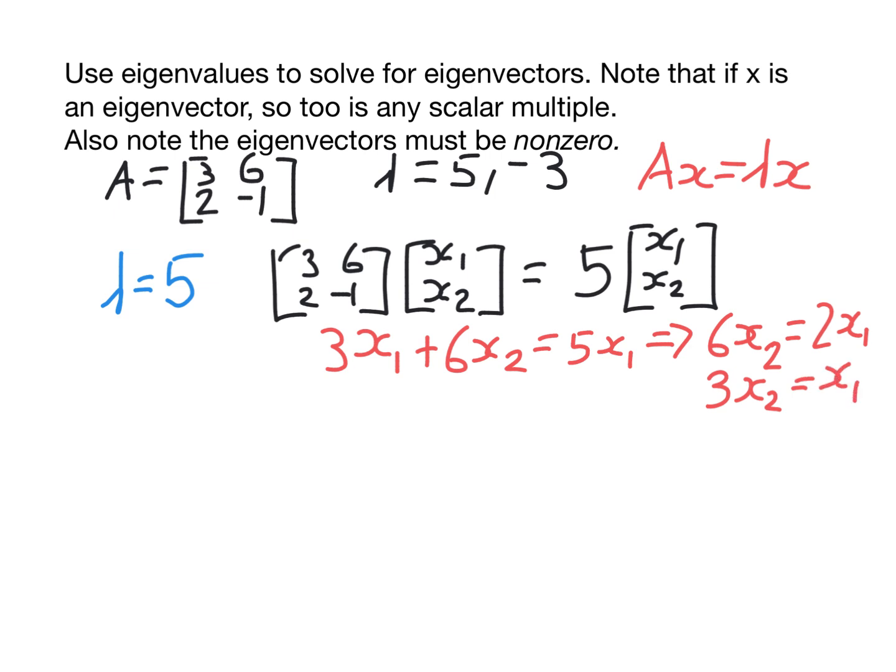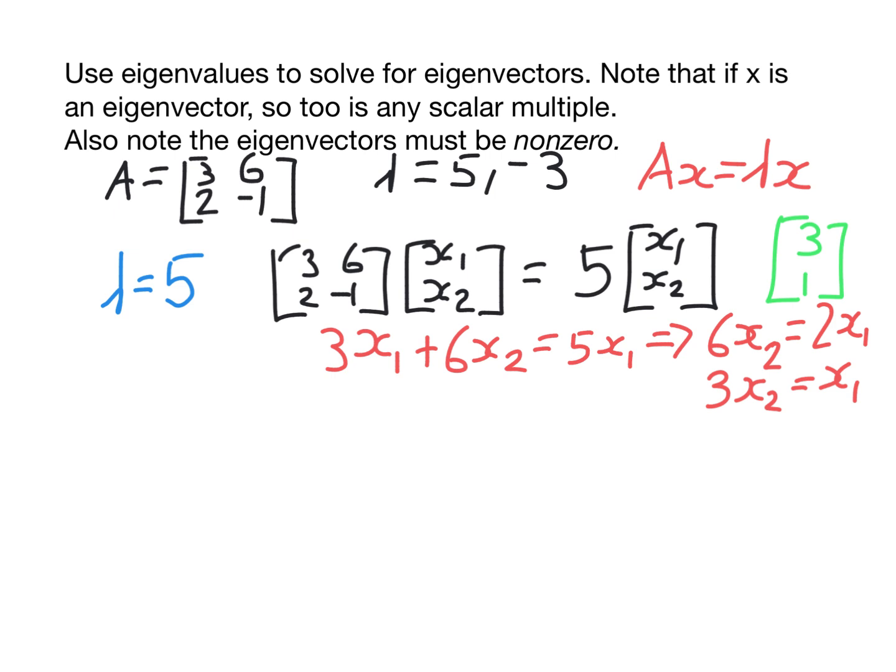So when you're finding the eigenvectors, you usually only need to look at first row times first column, and that's enough. The reason is that there are actually infinitely many values of x1 and x2. We only need one of them. So here I'm just going to pick x2 equals 1, x1 equals 3. So this vector 3, 1 is an eigenvector.